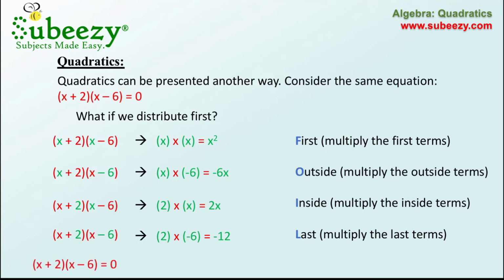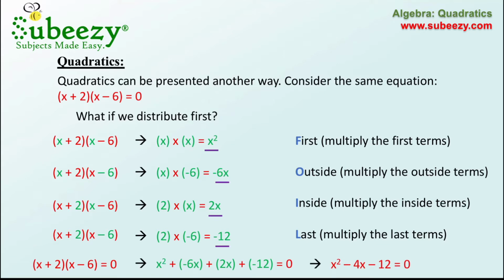After we have used the FOIL method to get each of these terms, we then add them together. So if we distribute the quantity x plus 2 times the quantity x minus 6 is equal to 0, we end up with x squared plus negative 6x plus 2x plus negative 12 is equal to 0. And let's simplify by combining like terms.